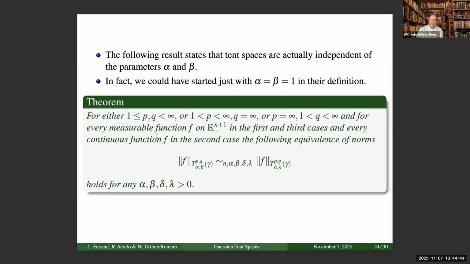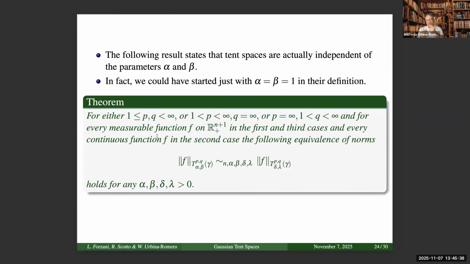This is very close to my heart because, as I said, this is work with Liliana Forzani, who was a postdoc of Jim Fay, my advisor, and Roberto Scotto, who just recently retired and was also a student of Fay and myself. And so this is a final work. Liliana hasn't been working in harmonic analysis for almost 20 years by now. She got another PhD in statistics, and she just published a book with her advisor in statistics not long ago.